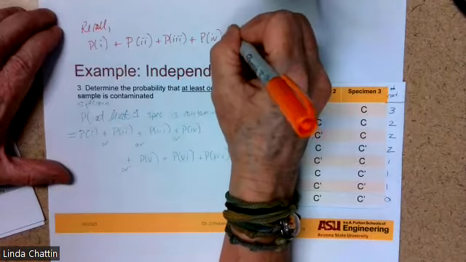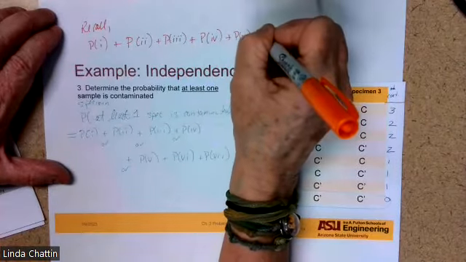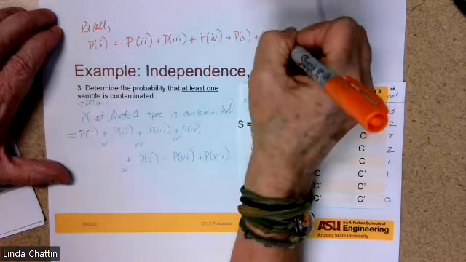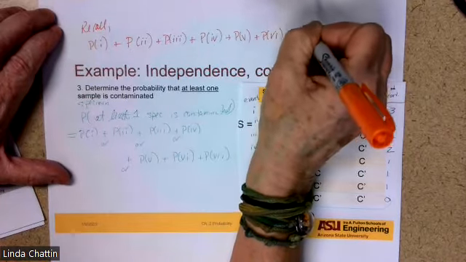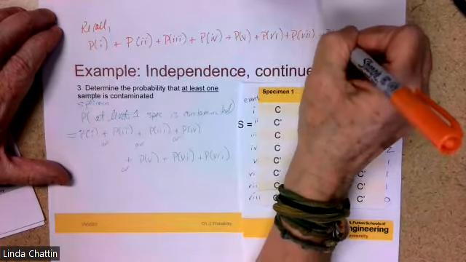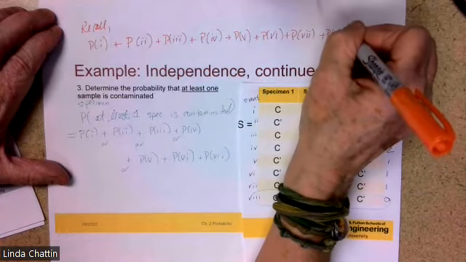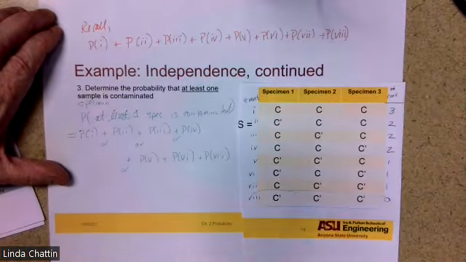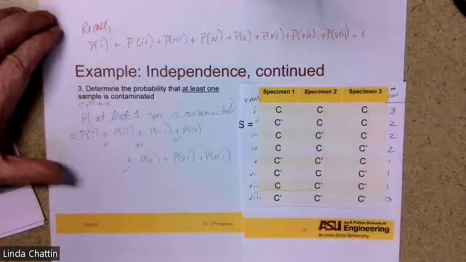So 4 plus the probability of event 5 plus the probability of event 6 plus the probability of event 7 plus the probability of event 8. That's everything, the whole sample space. That's got to equal 1.